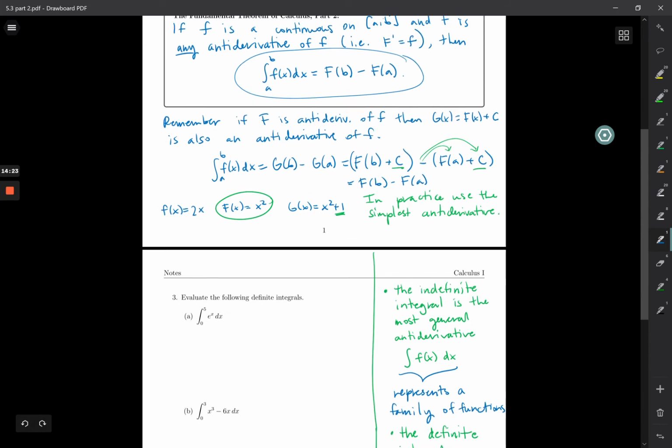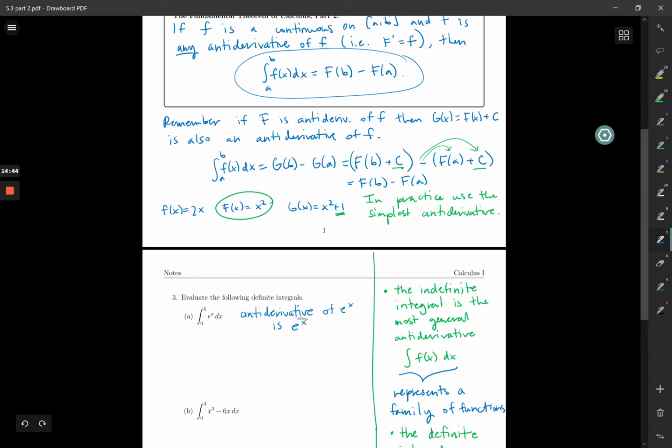And so first we figure out an antiderivative. Like I was saying, we want to use the most basic one. So the most basic antiderivative of e to the x is e to the x, right?